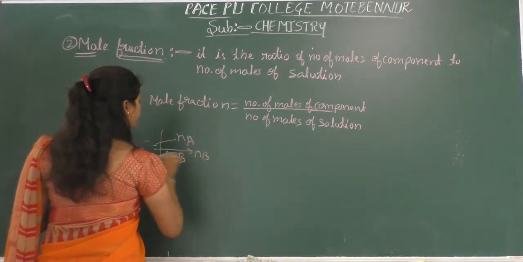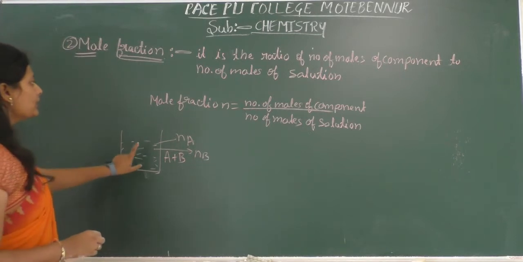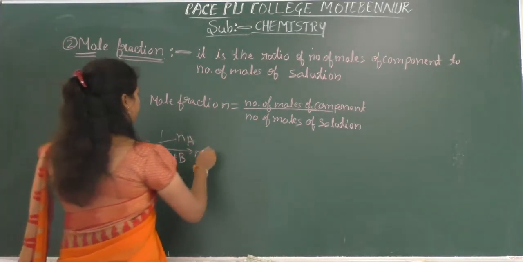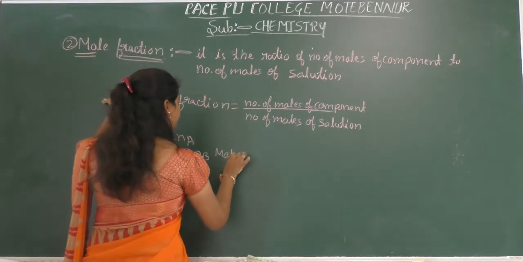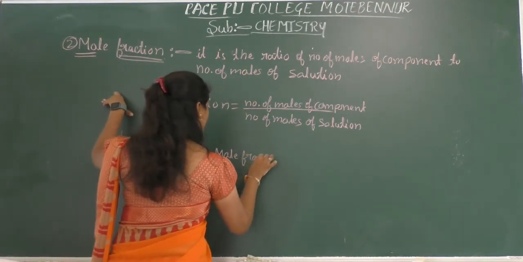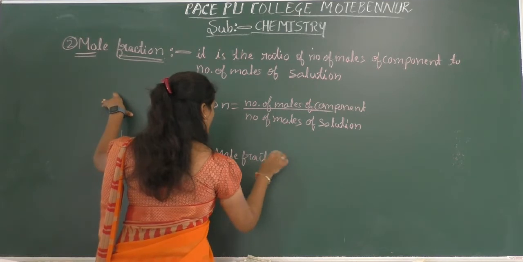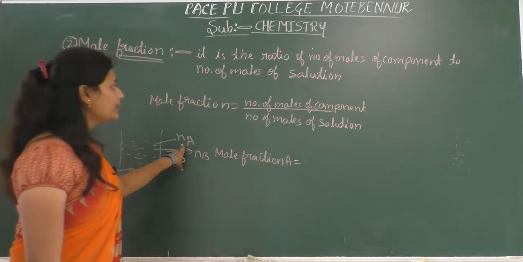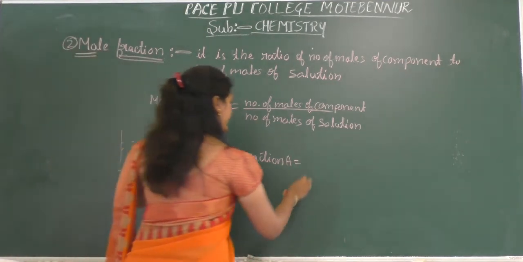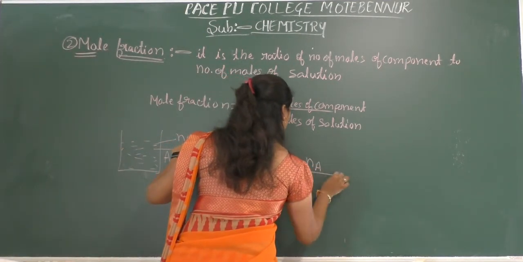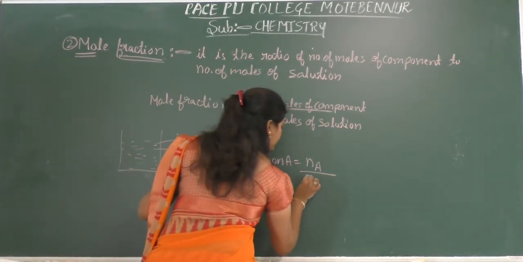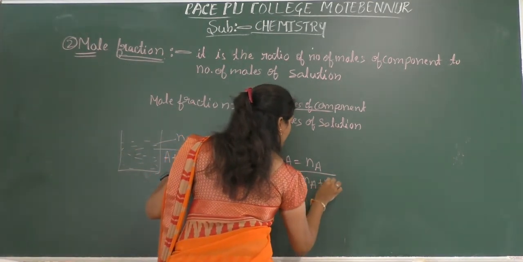NA means number of moles of A and NB means number of moles of B. Okay, so if we want to calculate the mole fraction of A, that is equal to number of moles of A to number of moles of solution, that is nothing but NA plus NB.